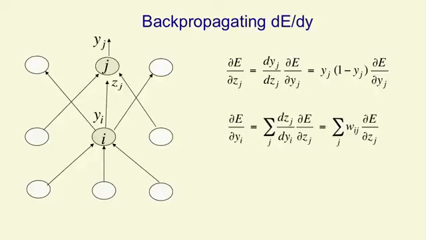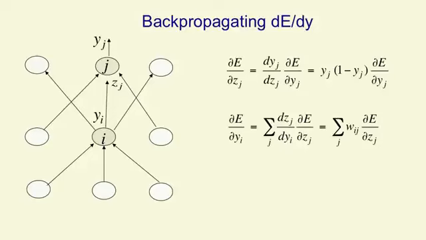Now we can compute the error derivative with respect to the output of unit i. It's going to be the sum over all of the three outgoing connections of unit i of this quantity: dzj by dyi times dE by dzj.